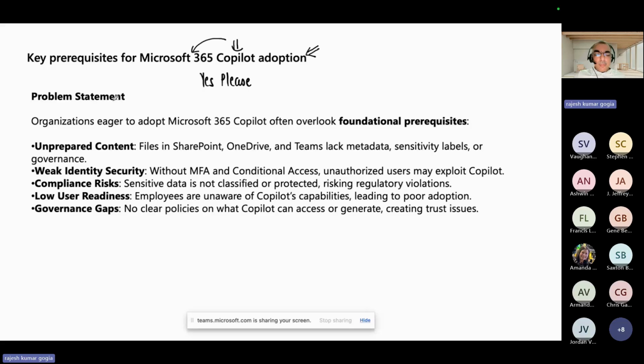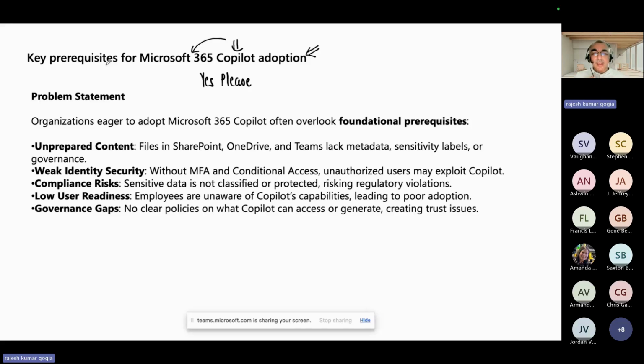Good. So the prerequisites are something very important. Why? Because before you implement any kind of product, let's say someone says, Rajesh, would you be able to install an Exchange server? I say, yes, I would be, but I need to know what the prerequisites are. So definitely the OS requirement, the hardware requirement, the system requirement, isn't it?